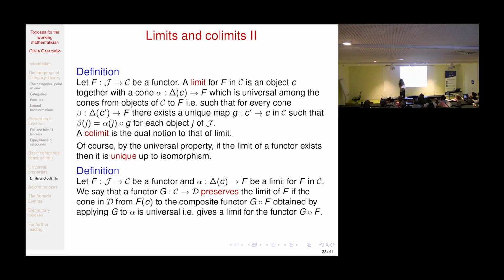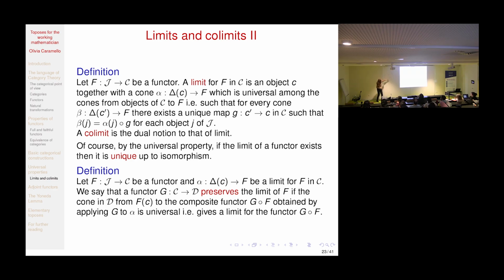Last time we also talked about the duality principle in category theory, which allows you to dualize notions that can be formulated abstractly in the language of category theory. Because the notion of limit can be expressed in that language, we can dualize it, and we get the notion of colimit. Now, concretely, what does it change? Well, it changes just the direction of these arrows.